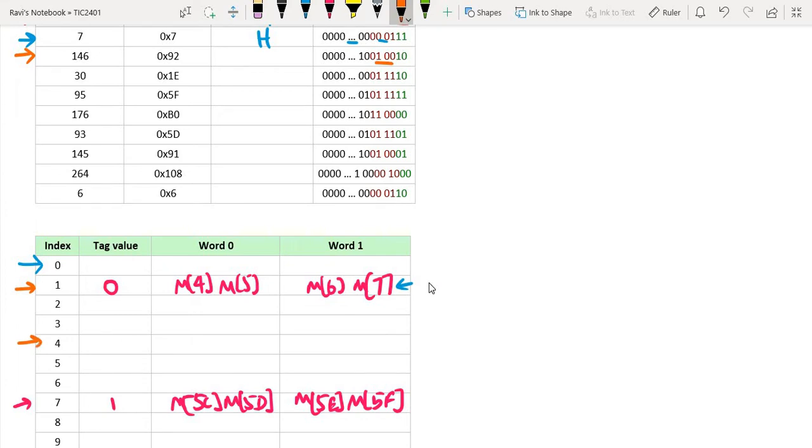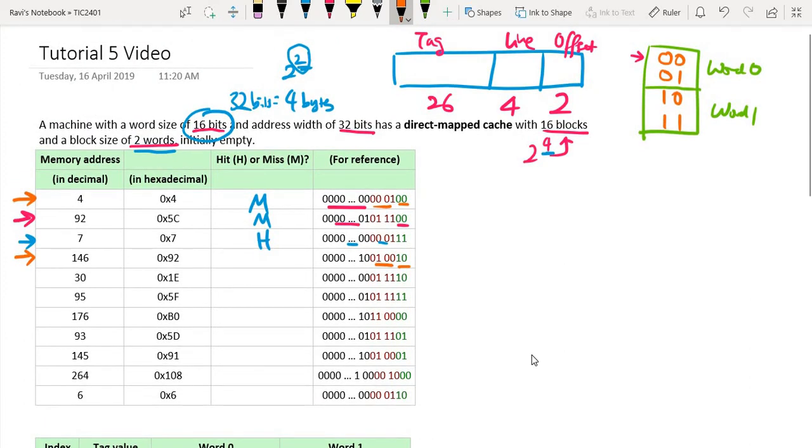Okay, so in line 4 here, what do I see? I'm having a tag of 2, so the tag is 2, and this address I'm talking about is 92, so the last two bits are 10. So coming back over here, 10 is pointing to the first byte of word 1, correct?